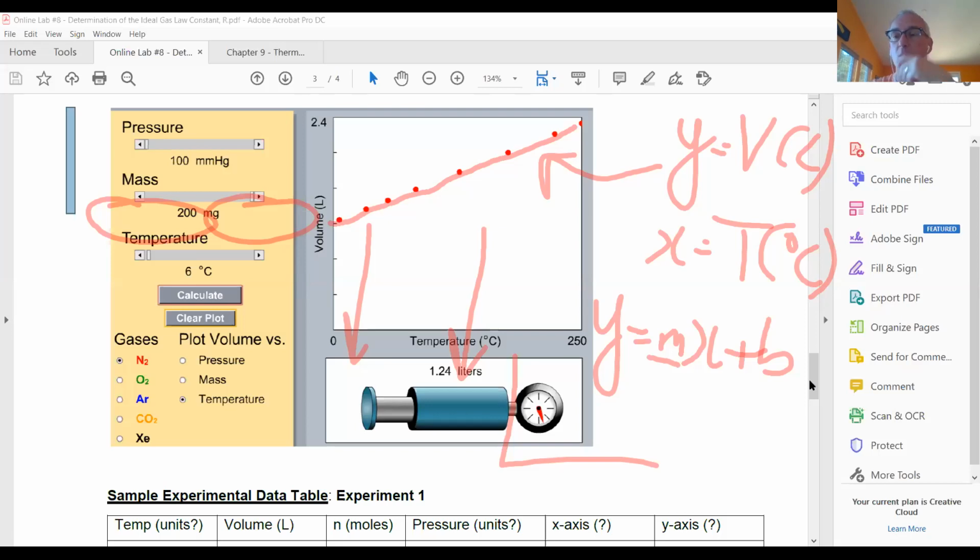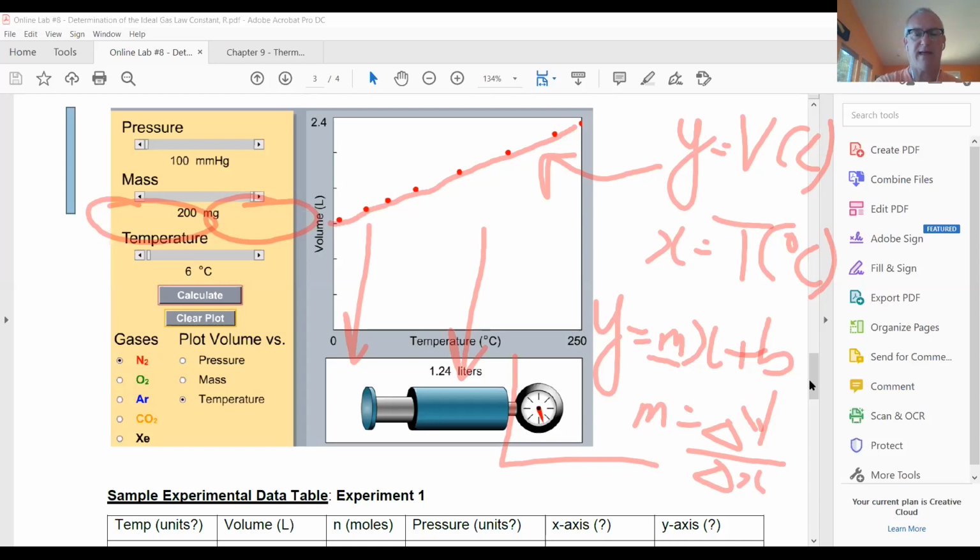If your y-axis has units and your x-axis has units, your slope is going to have units: the unit of y over the unit of x. That's right, because M is the change in y over the change in x. That's the very definition of the slope of a line. It's how y changes versus how x changes.